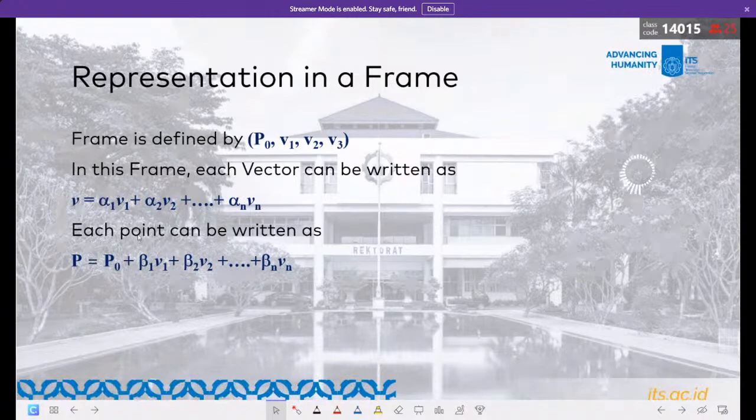So each point, an arbitrary point in the space, can be written as the origin plus, this is the same equation, right? So it's basically origin plus this affine formula.